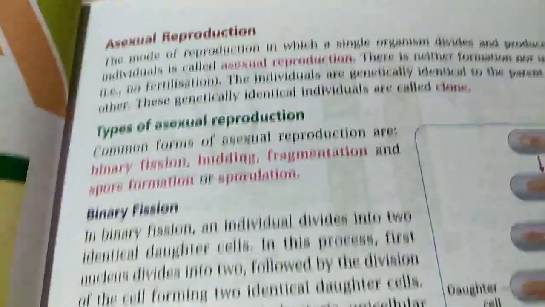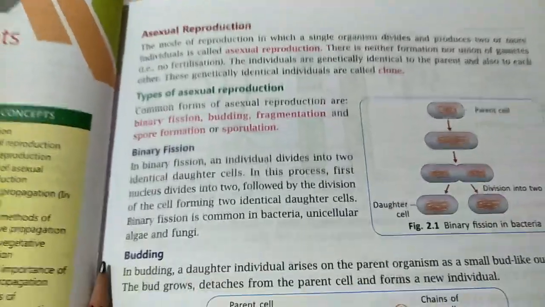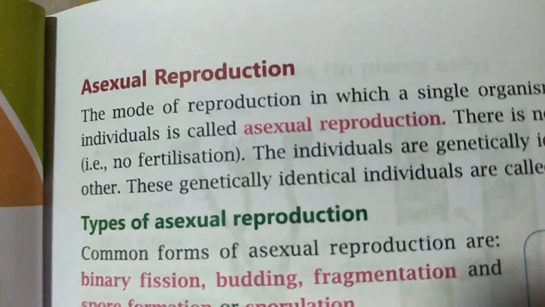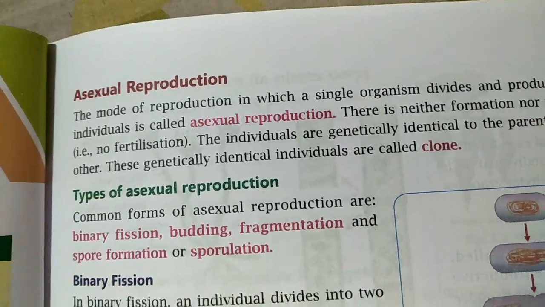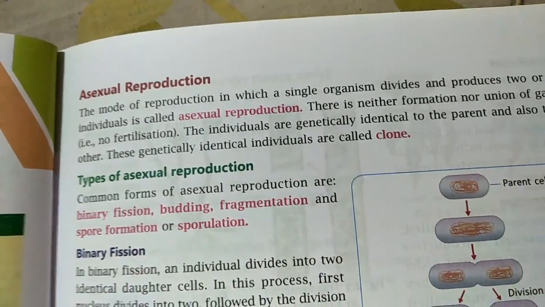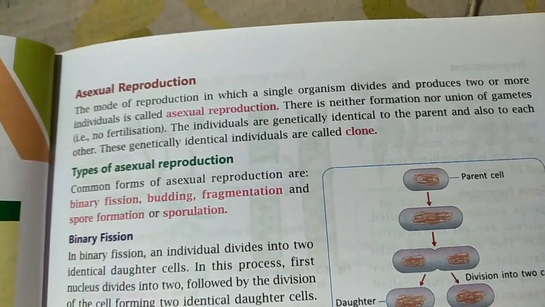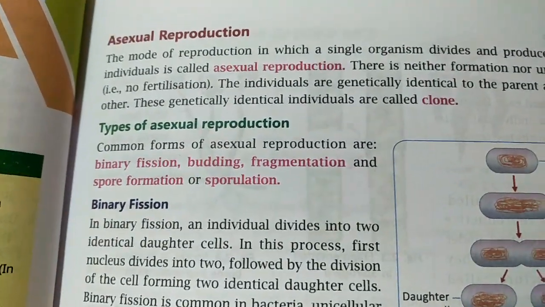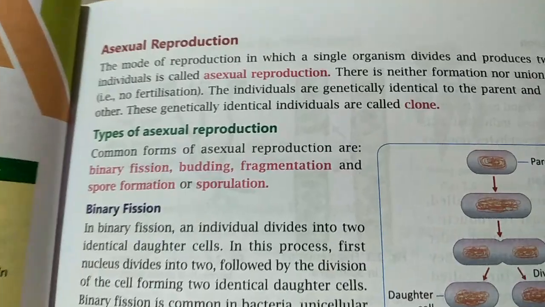Okay, good. Now we are moving forward and we are going to read asexual reproduction. So in asexual reproduction, the mode of reproduction in which a single organism divides and produces two or more individuals is called asexual reproduction.